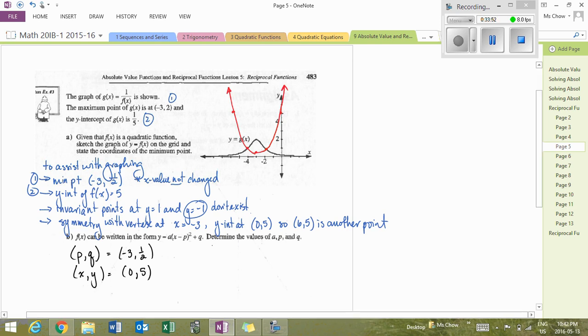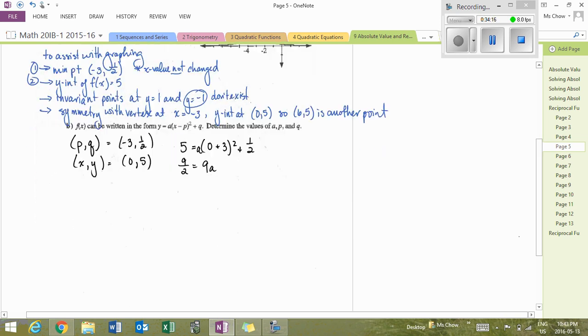So we've got the vertex form formula, substitute everything in. So 5 is equal to a times (0 plus 3) all squared plus 1/2. And solving here, this is 10 halves minus a half, so that's 9 halves is equal to 9a, and divide both sides by 9. Dividing by 9 is the same as multiplying by 1/9.